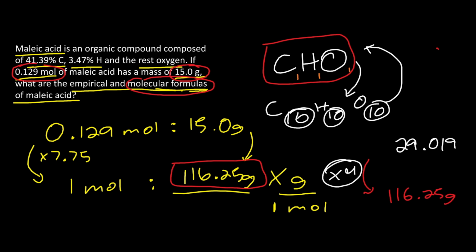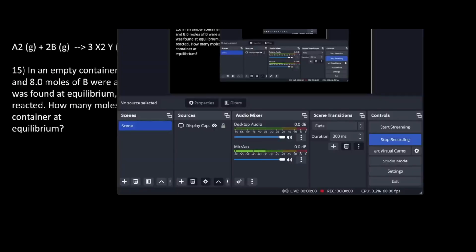So we know our multiplying factor here is 4, which means that we're going to take each of these subscripts and multiply them by 4. So given that, we know that our molecular formula is C4H4O4, because we're just multiplying by the factor we used to go from our empirical formula's molar mass to the actual molar mass of malic acid. So that's how you solve empirical and molecular formula problems.